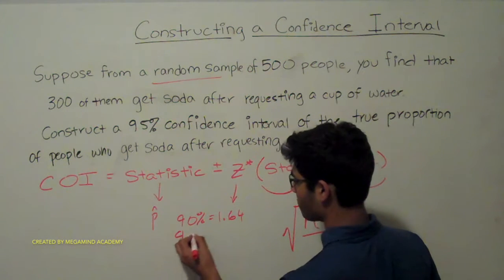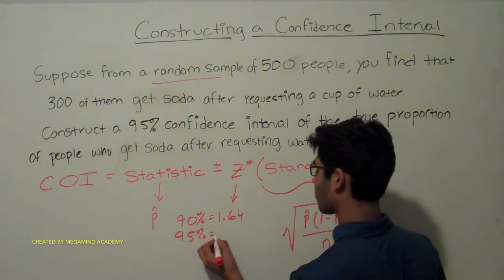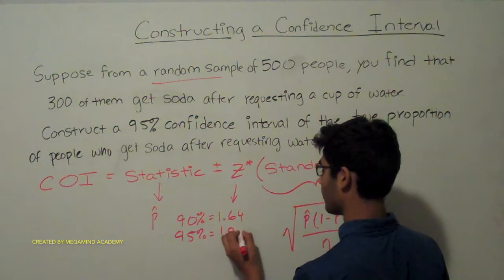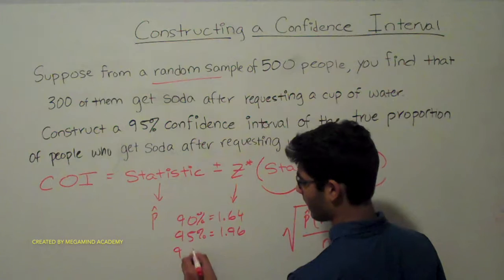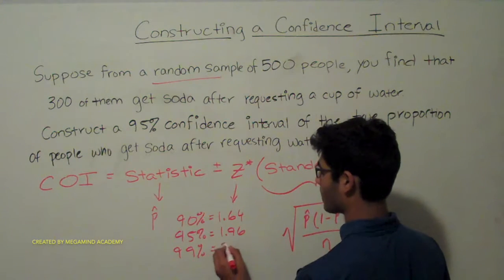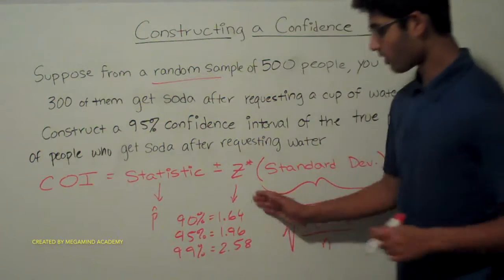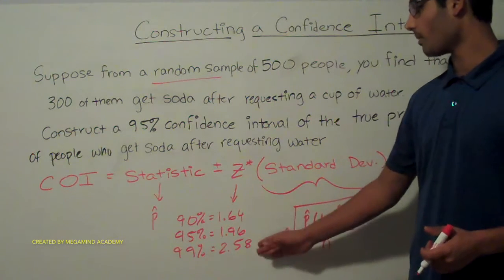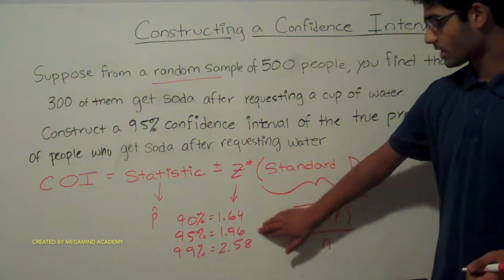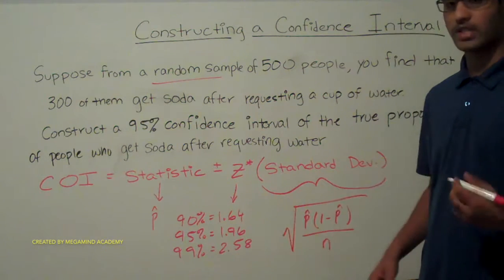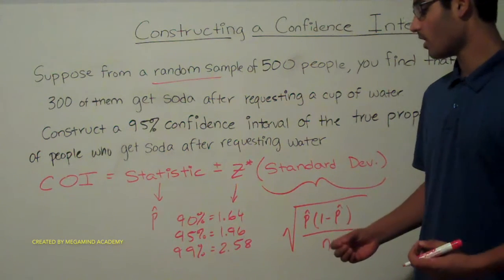For 95% confidence, it's going to be 1.96. And for 99% confidence, it's going to be 2.58. These are 3 of the more common confidence levels, so it's good to have these 3 memorized because they most often show up.